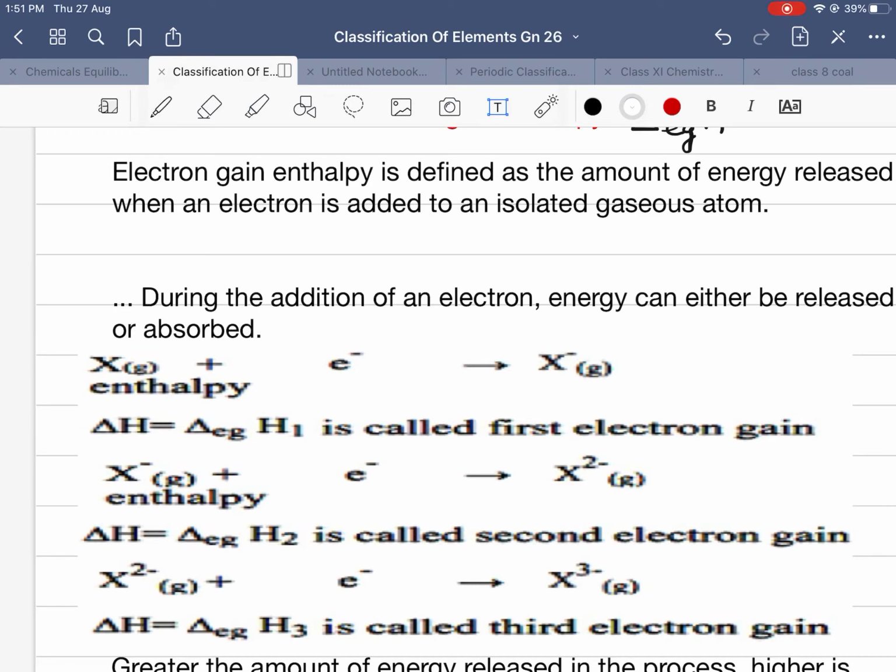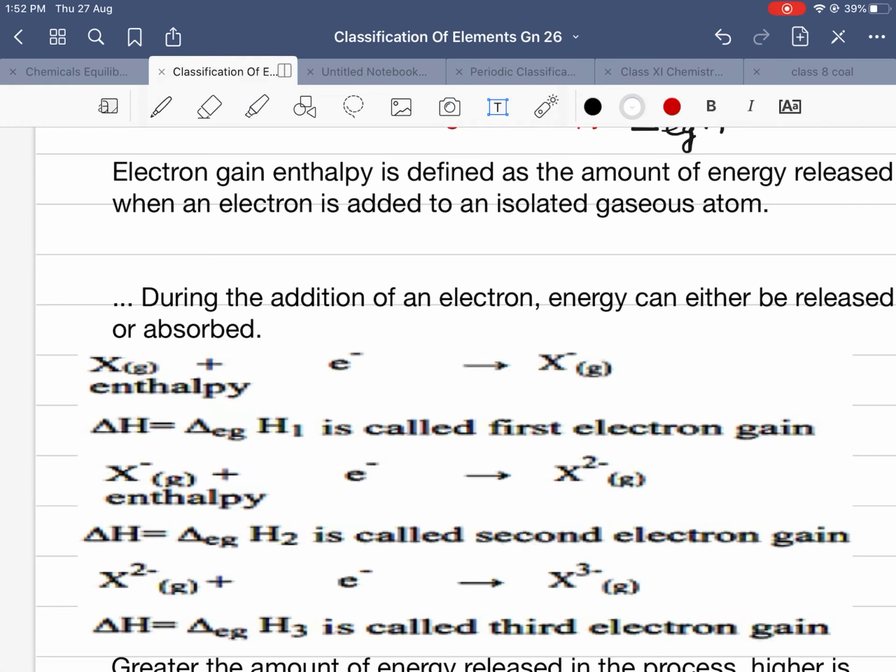When it gains an electron, a certain amount of energy is released, which is termed electron gain enthalpy. This is the amount of energy released when an extra electron enters the valence orbital of an isolated neutral atom to form a negative ion.